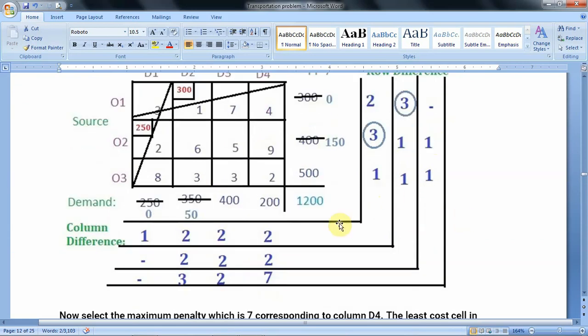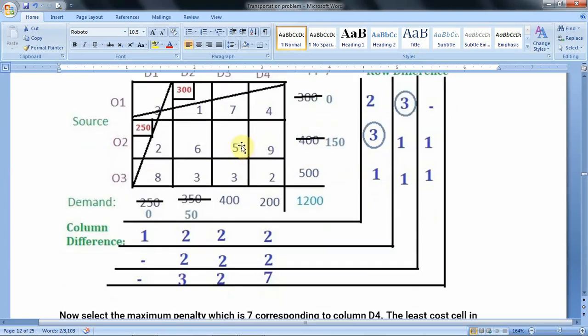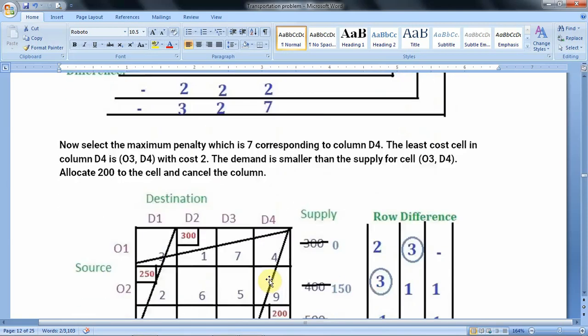In the first column, it is completed. Next, in the second column, 6 and 3, difference 3. Next, the D3 column, 5 and 3, difference 2. Next 9, and 4 is over, so 9 and 2, the difference is 7. Those are the penalty values.